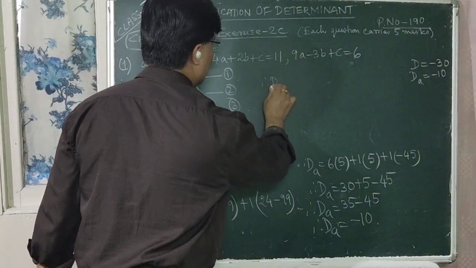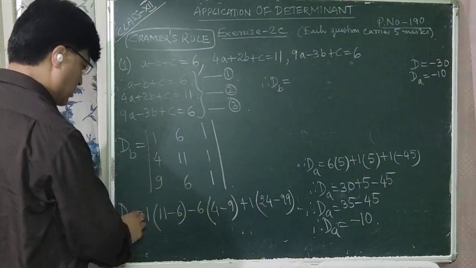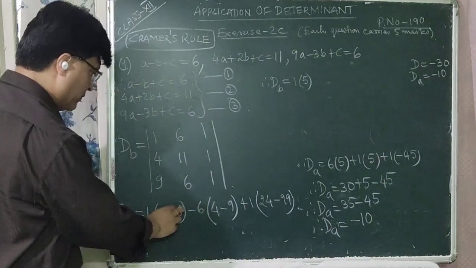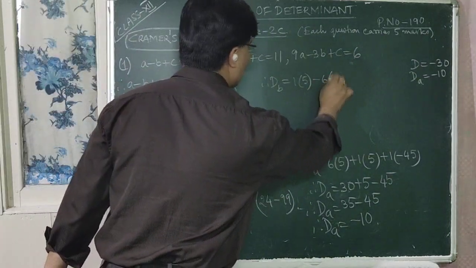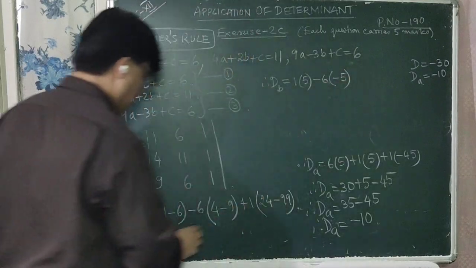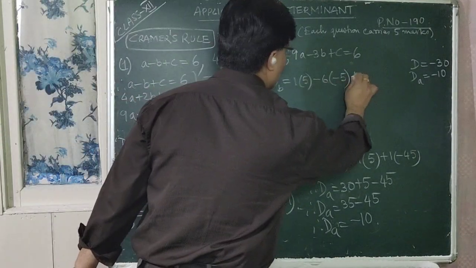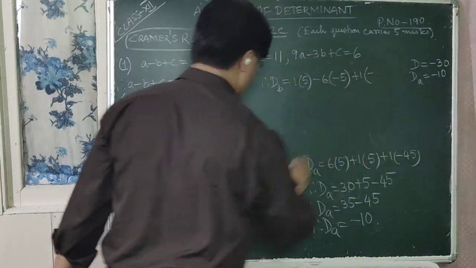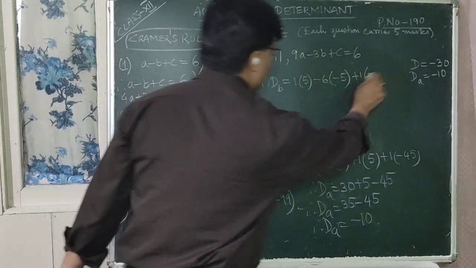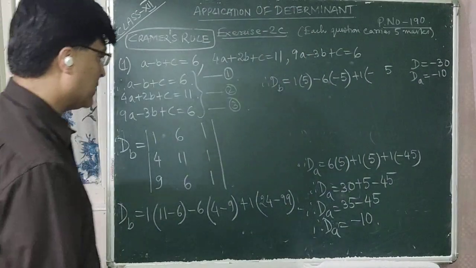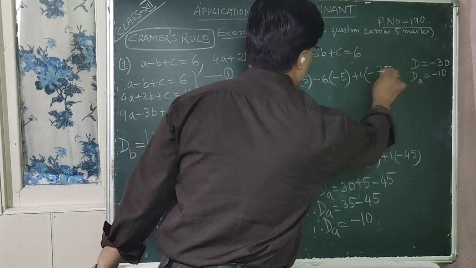So now DB is equal to 1 into 5, minus 6 into minus 5, right? Then plus 1, and within bracket you can subtract it. 9 minus 4 is 5, and 9 minus 2 is 7.